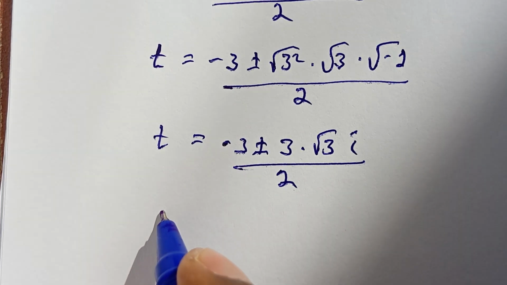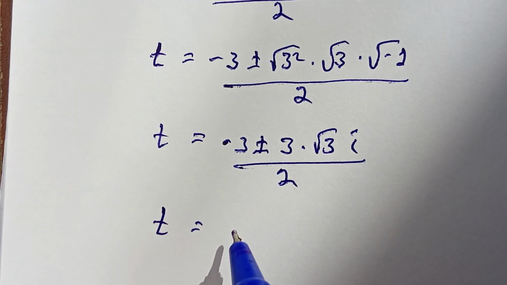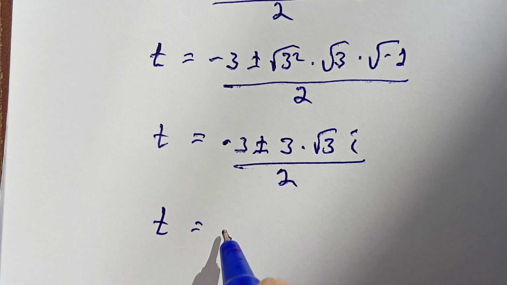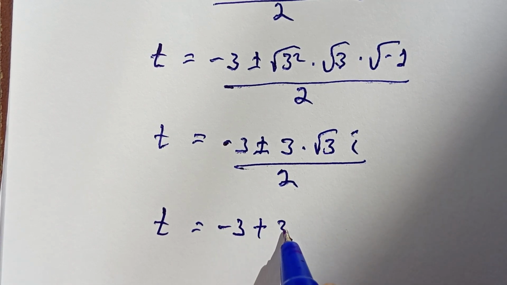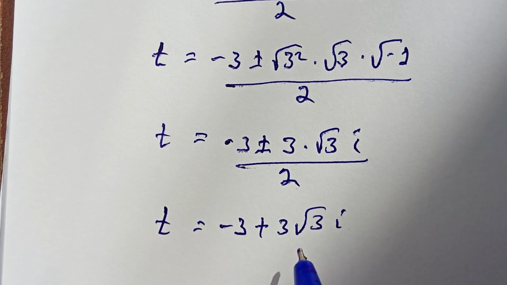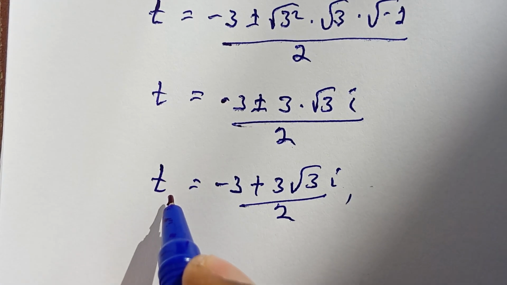So t has two solutions, the plus and the minus. The plus is minus 3 plus 3 root 3 i over 2. So this is t2.